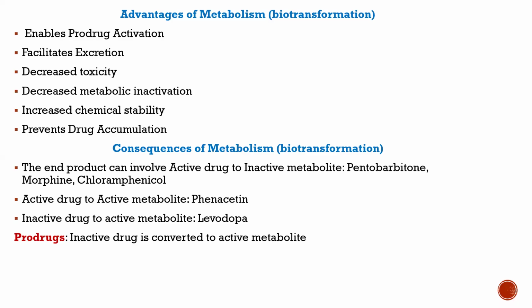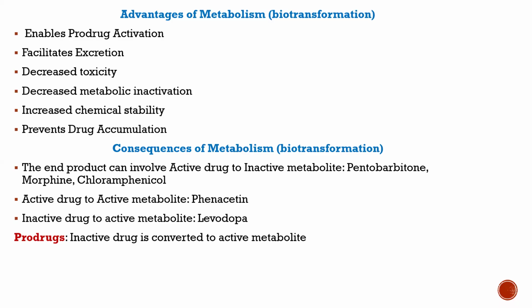Yes, it's very important because when these drugs accumulate in the body, they can form toxins, and they can lead to very serious side effects. So it also leads to decreased toxicity, decreased metabolic inactivation, increased chemical stability, and prevents drug accumulation. So these are the usefulness of metabolism, or the biotransformation process. What are the consequences of metabolism?